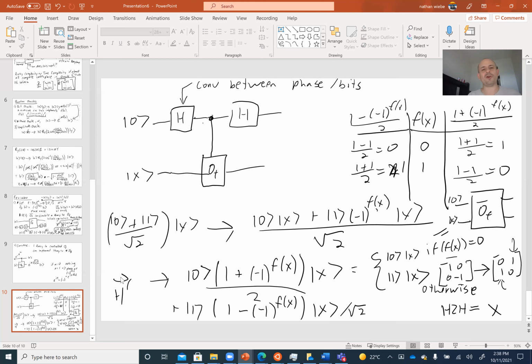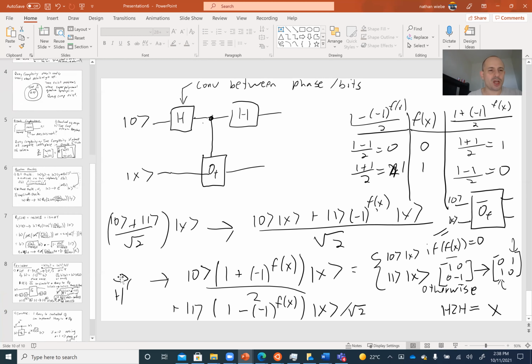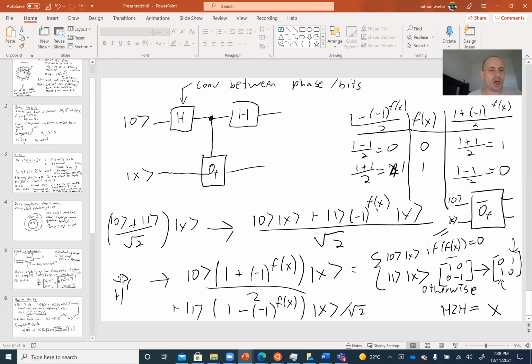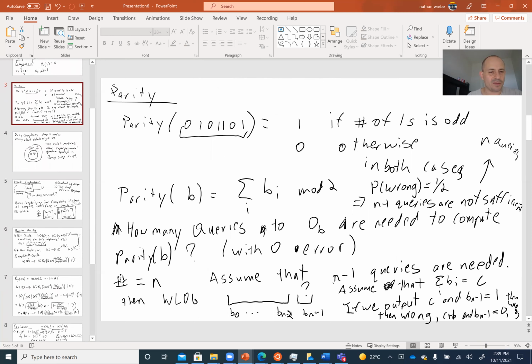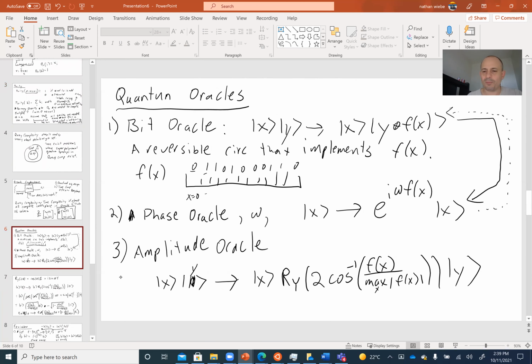So this shows that both of these types of oracles can be interconverted under the assumption that we're able to build a controlled version of the oracles. But in general, the bit oracle is a more powerful oracle than the phase oracle.